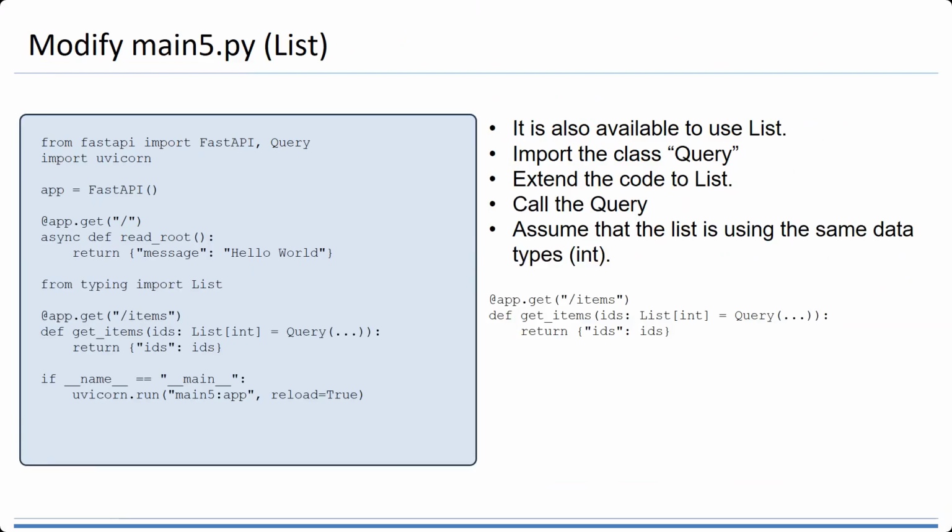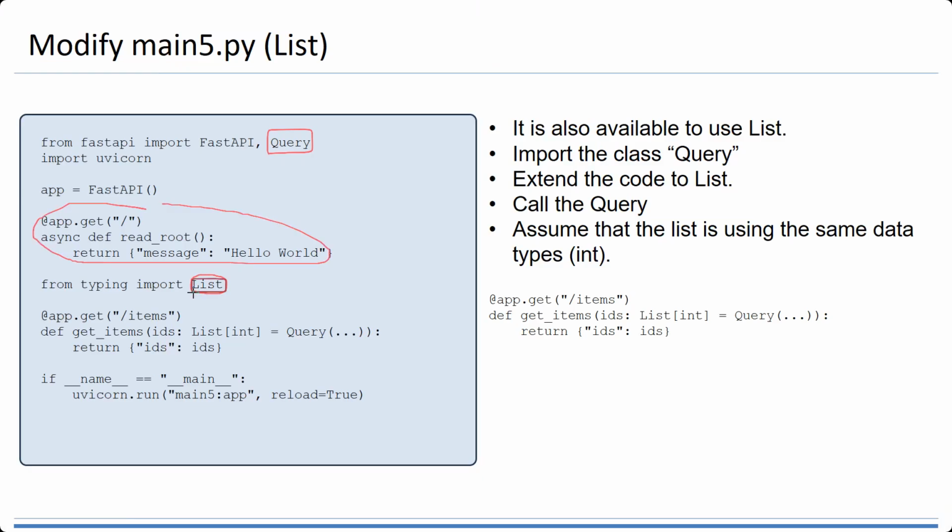Now let's take a look at a different kind of data type. Suppose I want to use a list as the data type in this section. If you are going to use a list, we need to adopt one more class, which is Query. So in the Query, I will keep this one, the hello world, and then I need to use a list.